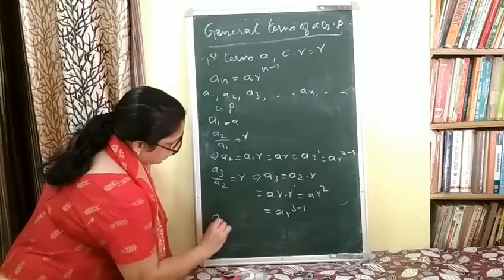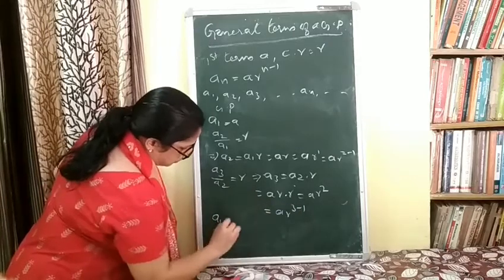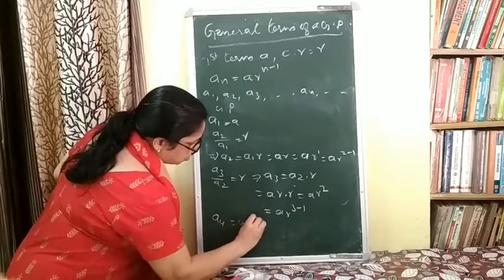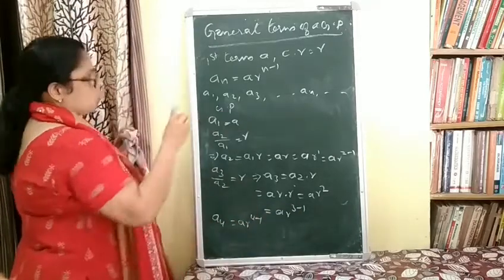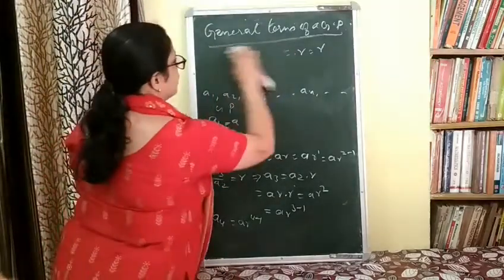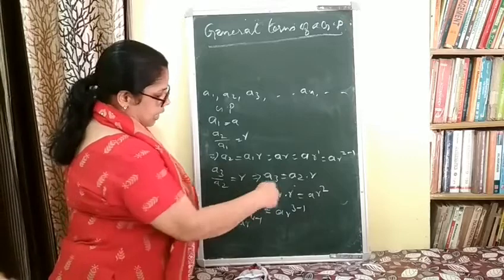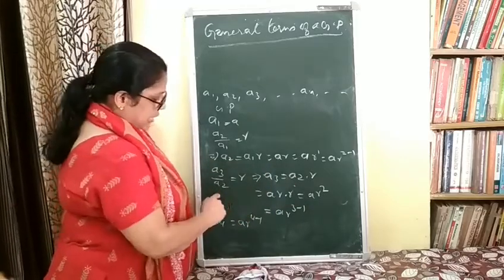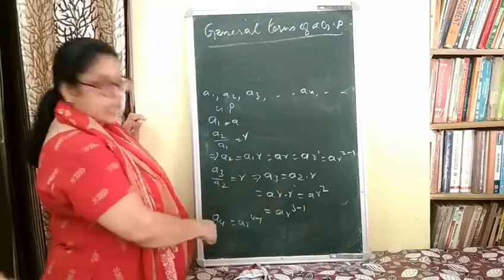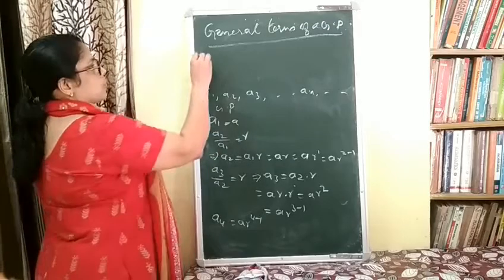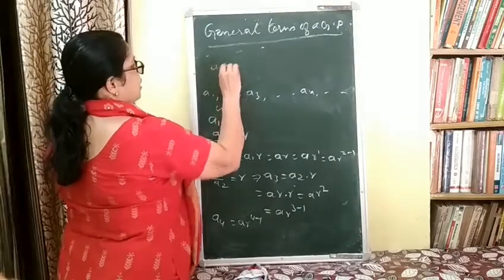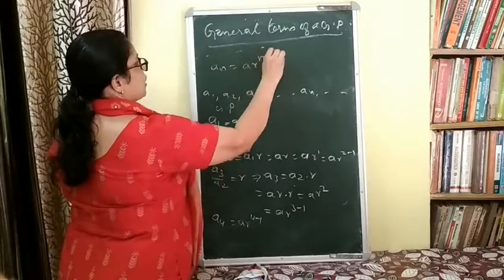Similarly, a4 is a r raised to the power 4 minus 1. Generally, a2 is a r raised to the power 2 minus 1, a3 is a r raised to the power 3 minus 1, a4 is a r raised to the power 4 minus 1, and so on. An is equal to a r raised to the power n minus 1.